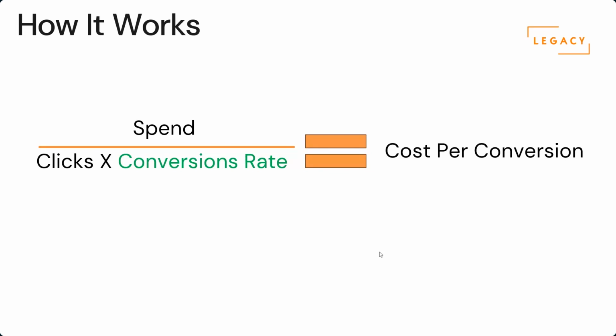So if you can increase your conversion rate, you'll be able to decrease your cost per conversion while spending the same amount of money and driving the same traffic. You'll get more bang for your buck. And if there is room within the market to cover more, you should hopefully be able to drive more overall conversions even further.